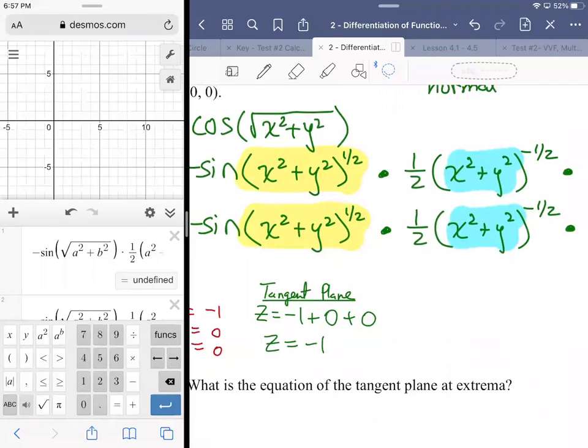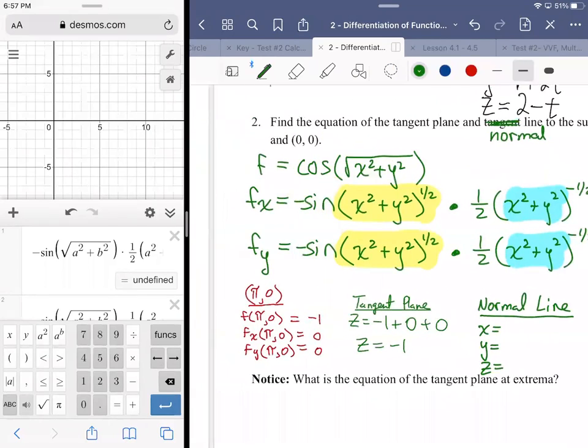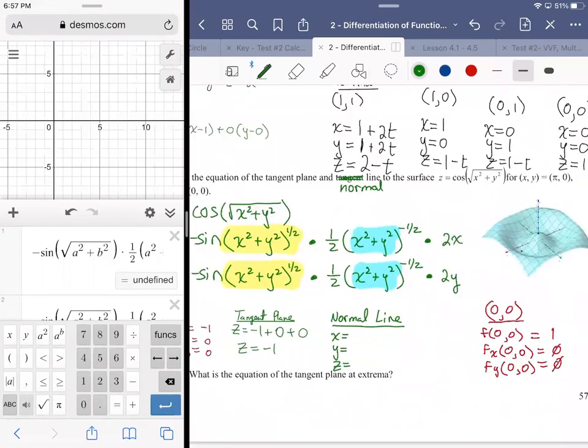All right, so the normal line: x equals, y equals, z equals. All right, so the x value, what was it? Pi, right?